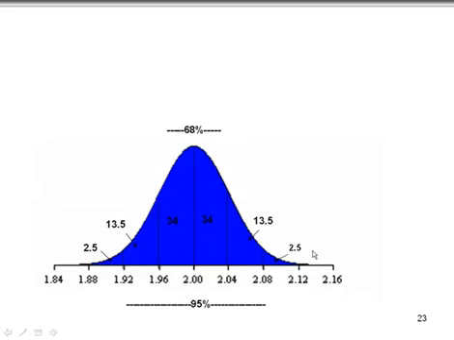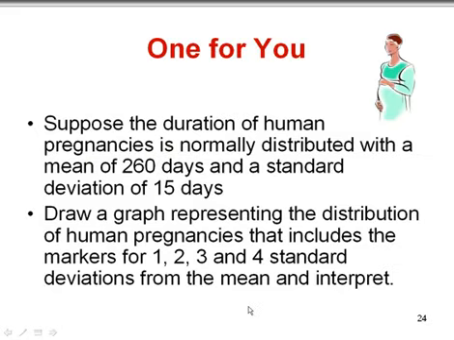Once again, this picture tells it all. There's 68% between 1.96 and 2.04 ounces, 16% more than 2.04, 16% less than 1.96 ounces, 95% between 1.92 and 2.08 ounces, and so forth.